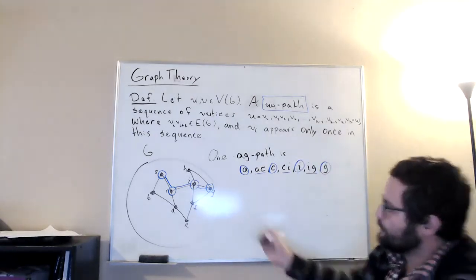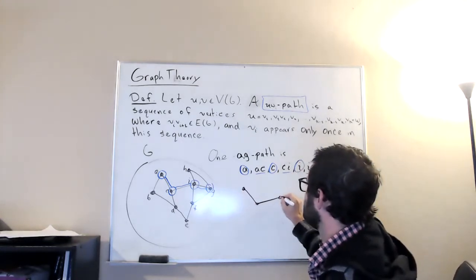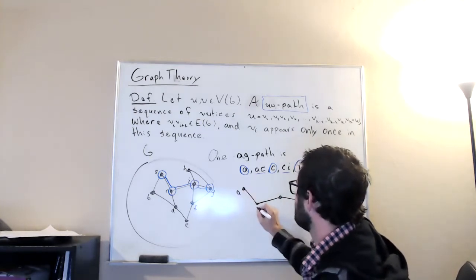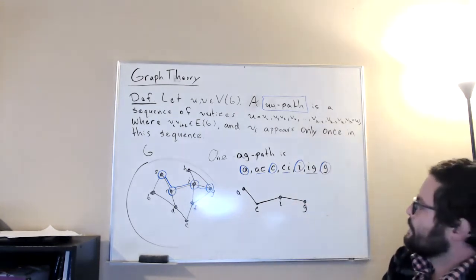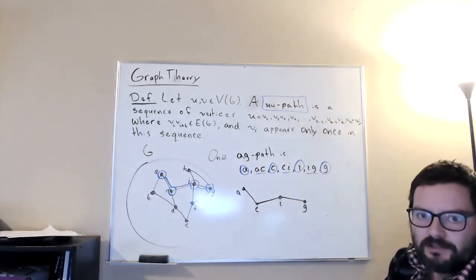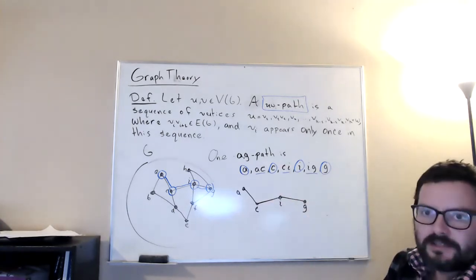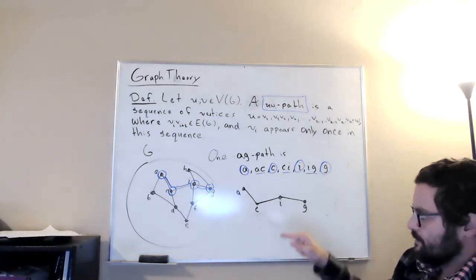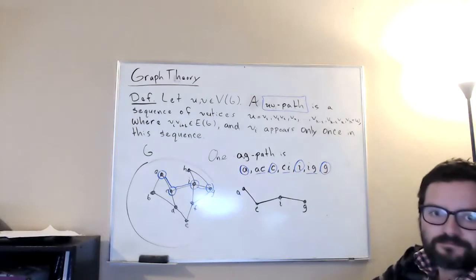Okay. Now, if we looked at this, it would look like this. So here's A, C, I, and G. So basically, a UV path, or in this case, an AG path, is a sequence of vertices and edges that you can traverse through to get from one vertex to the other.